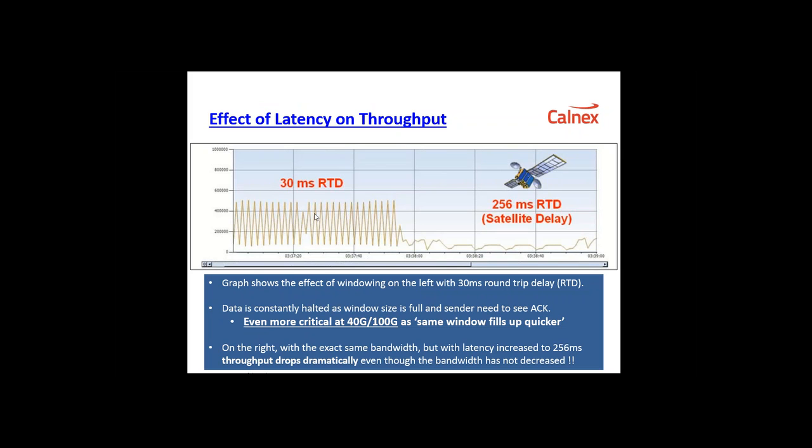So this is a graph of throughput, and you can see the graph zigzagging up and down. And this is interesting because obviously TCP kicks in, it increases the throughput. When it hits the limit, windowing kicks in. And obviously the data is constantly halted during these downslopes because the window size is full, and the sending node is waiting for the acknowledgement to come back.